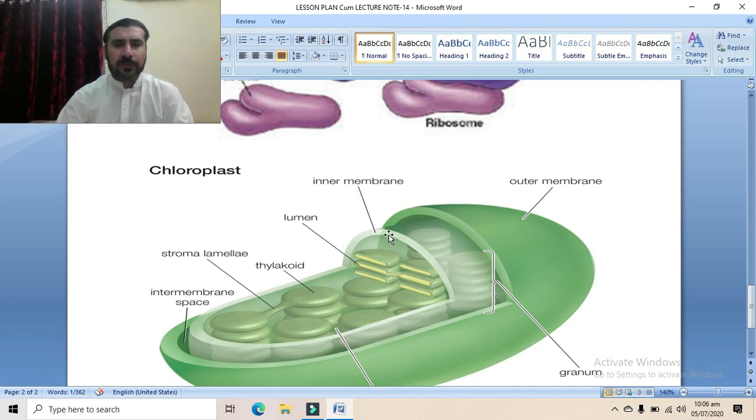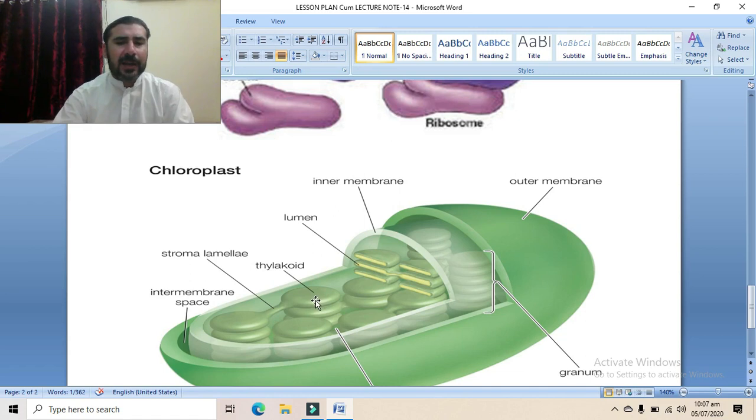This inner membrane forms these small sacs. These sacs are called thylakoids. Sacs in Urdu means theli. They form small coins, just like coins. These are called thylakoids.